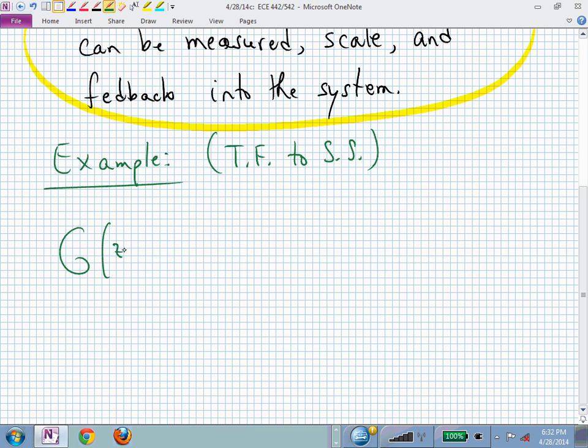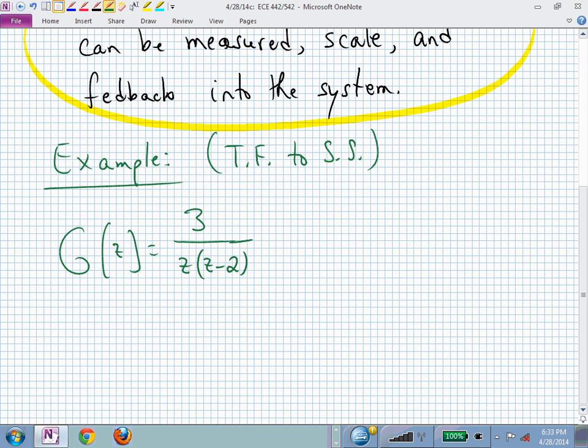Suppose they give you a system, G of Z, and they say that that's 3 over Z times Z minus 2. Do you already see a root locus for that system? And a root locus is assuming output feedback, isn't it?